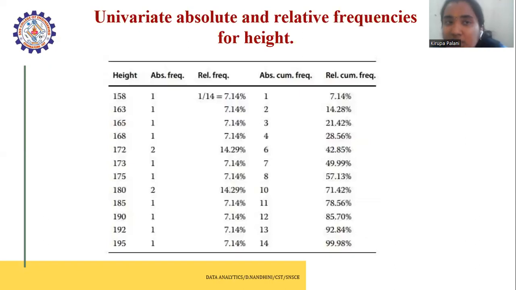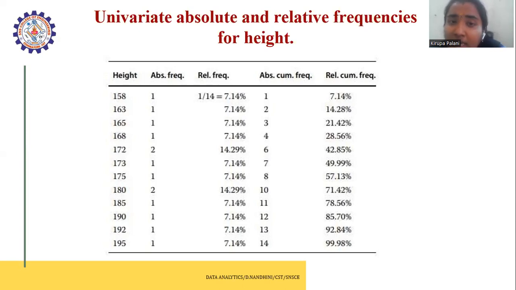Next, the company bad has an absolute frequency of 7 and a relative frequency of 50%. Next are the univariate absolute and relative frequencies for height. Many heights are given: 158, 163, 165, 168, 172, 173, 175, 180, 185, 190, 192, 195. The absolute frequency is given as 1, 2, and so on.